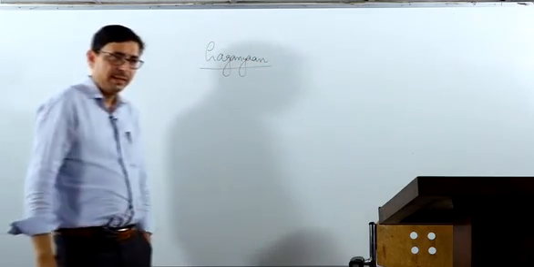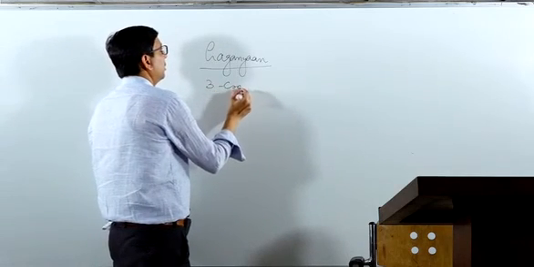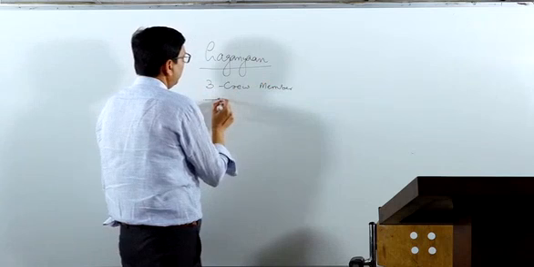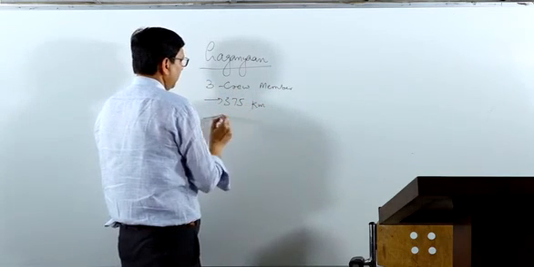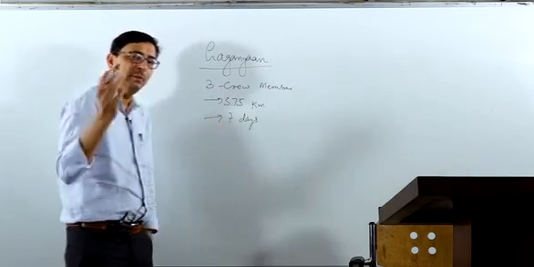See, Gaganyan, what is our plan? Three crew members in an orbit of 375 kilometers for 7 days, and then we'll bring them back.